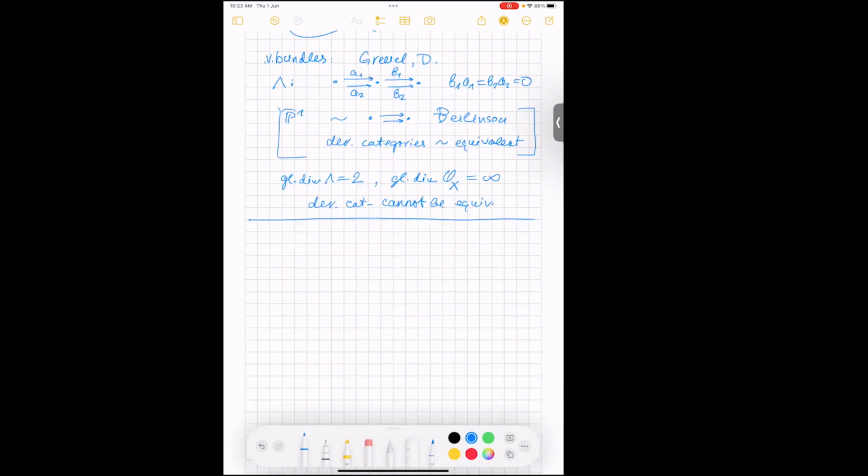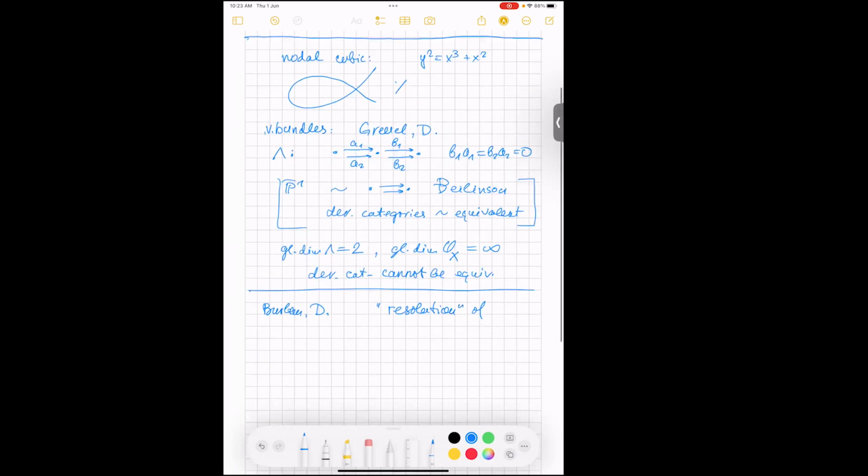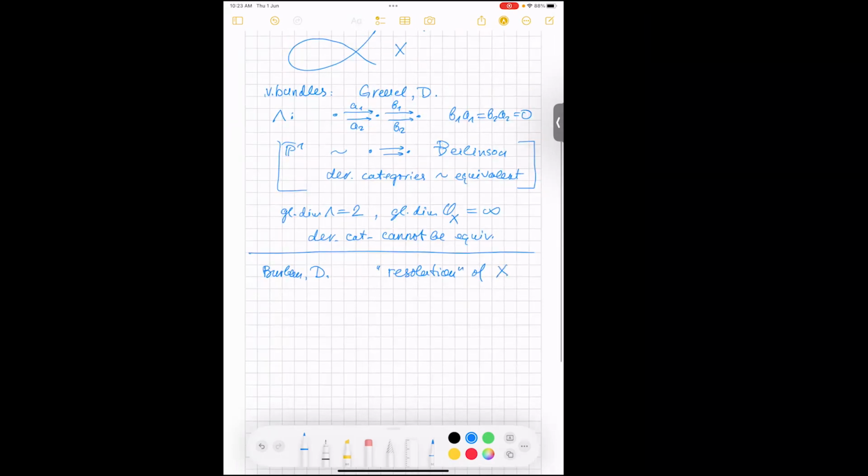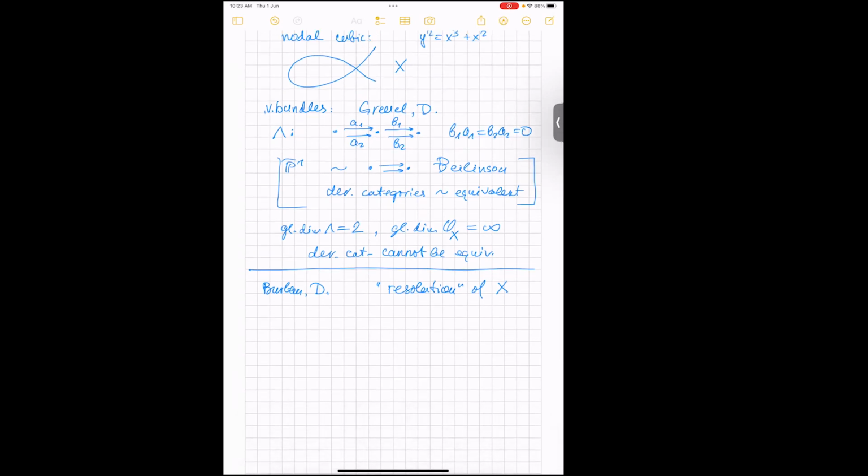Then Igor Burban and I solved this problem by introducing a new resolution of X. You see, the usual resolution, the normalization of the curve, doesn't work in this case because the vector bundles over X and over X tilde are not very much alike.